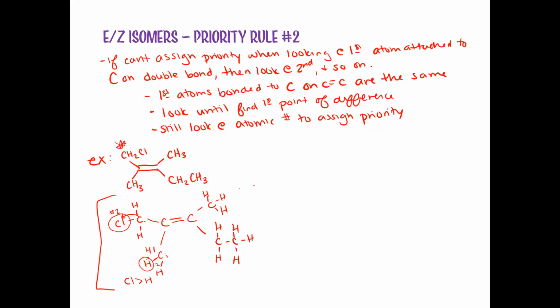On this side, we have a carbon bonded to a hydrogen, and then this carbon bonded to another carbon. Carbon is higher priority than hydrogen, so this one is the higher priority. They are on opposite sides, which makes it the E isomer.